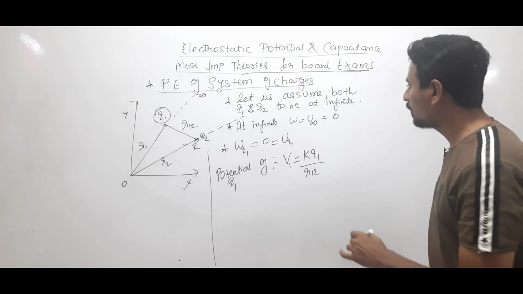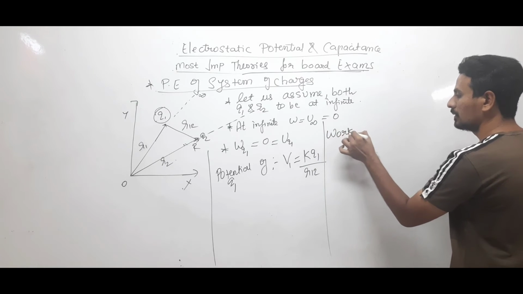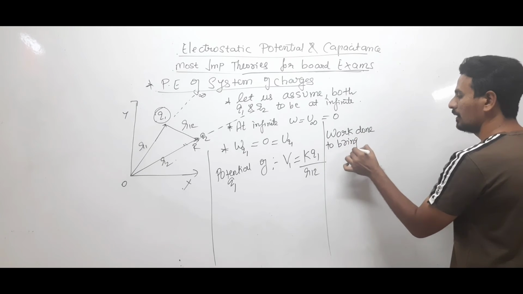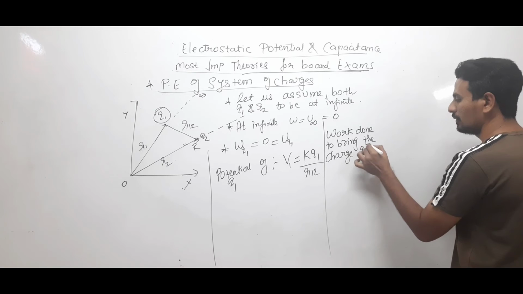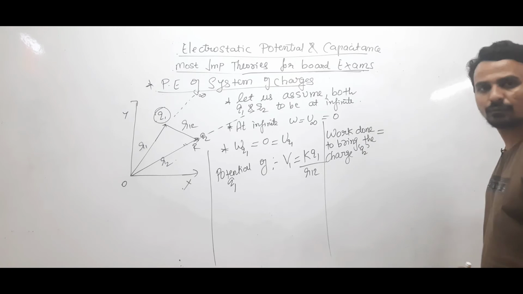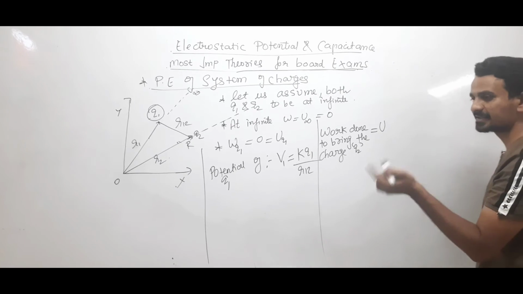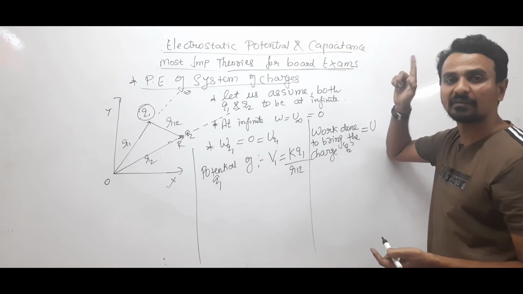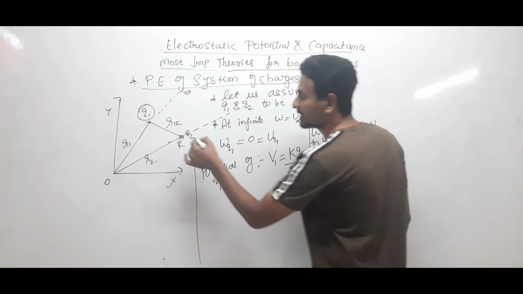Clear? So now the work done to bring the charge Q2 will be equal to the potential energy. Actually it is the difference in energy, but the initial reference is infinity. I am not defining potential at this particular point.